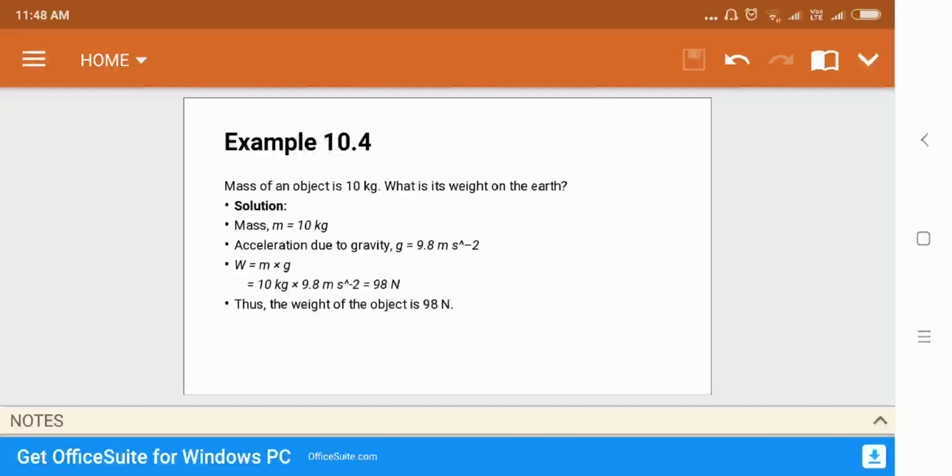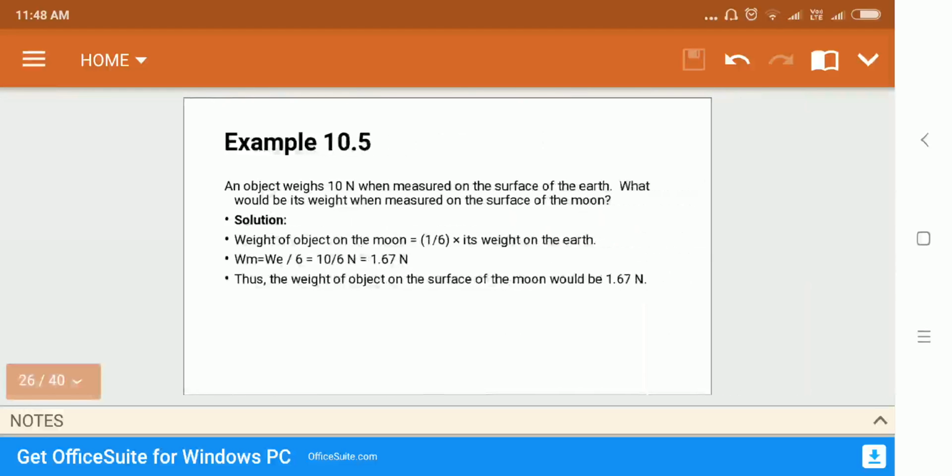G is not given, so we assume the universally accepted value, 9.8 meter per second square. Replacing the values of m and g, 10 kilogram into 9.8 meter per second square, the value becomes 98 Newton. So the weight of the object is 98 Newton.